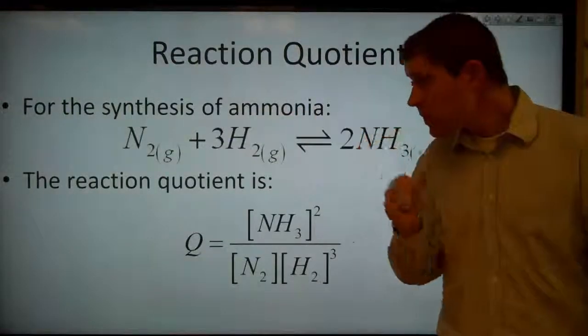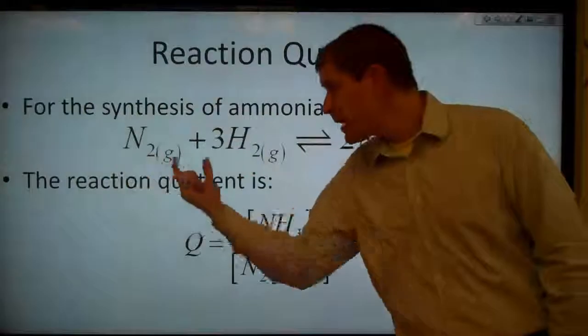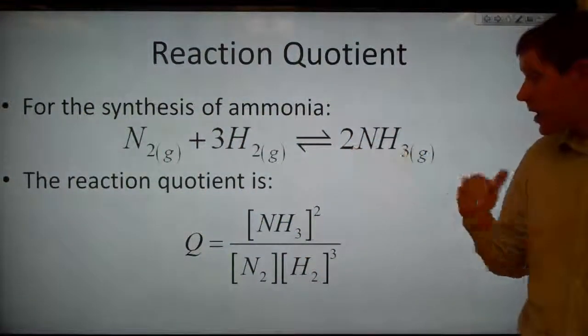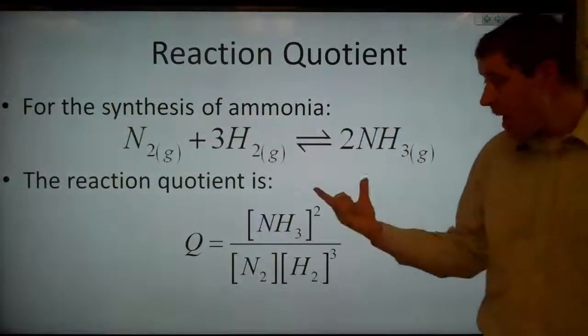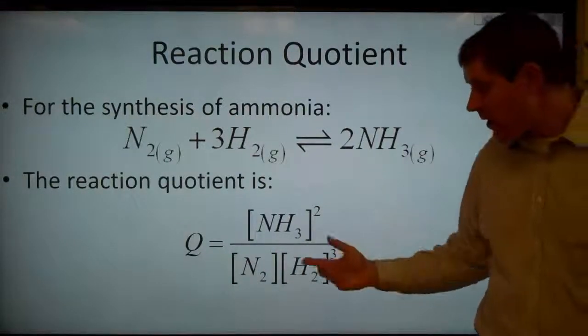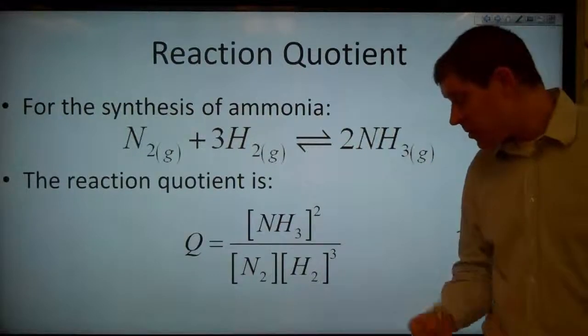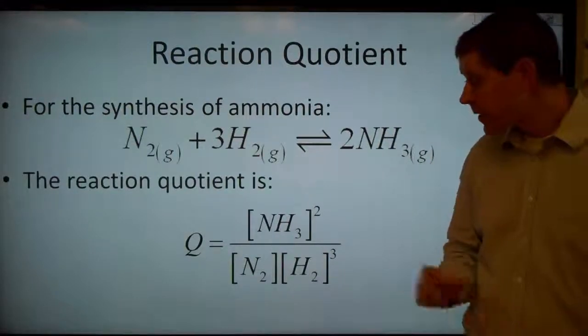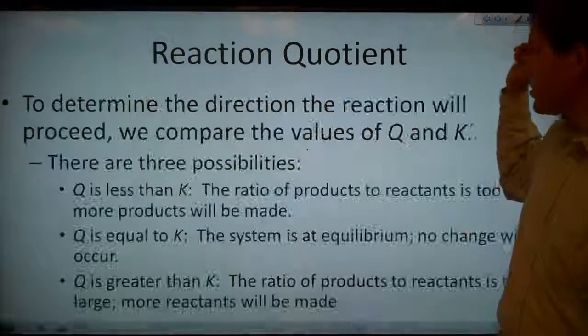So, for the synthesis of ammonia, we have nitrogen gas reacting with hydrogen gas to give us ammonia. The reaction quotient then looks like this. We've got the concentration of ammonia squared divided by the concentration of nitrogen times the concentration of hydrogen cubed. That's equal to Q, our reaction quotient.